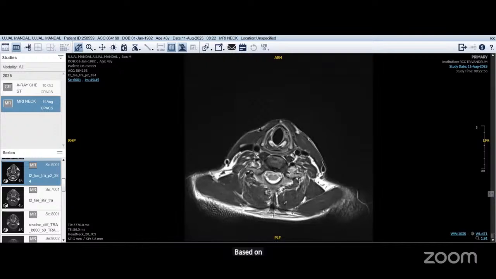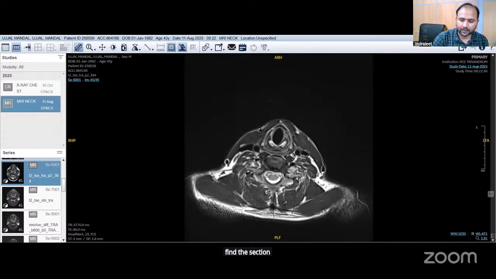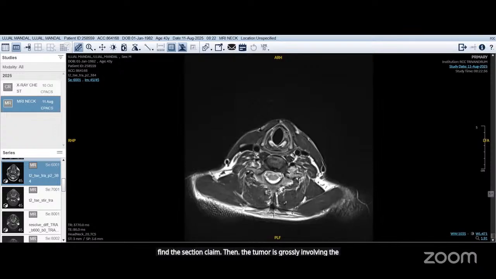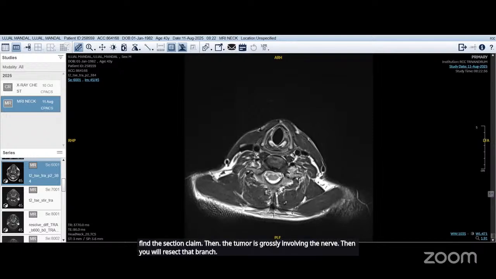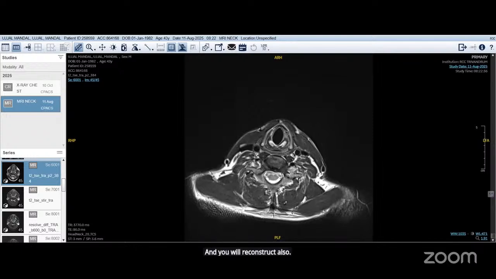See, if the patient has pre-op facial nerve palsy and during the intra-op you cannot get the plane, the fine dissection plane, or the tumor is grossly involving the nerve, then you will resect that branch and you will reconstruct also. But deciding upon the facial nerve based on frozen section is not justified.